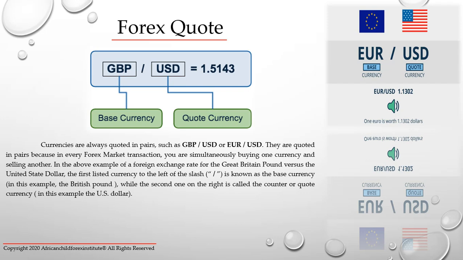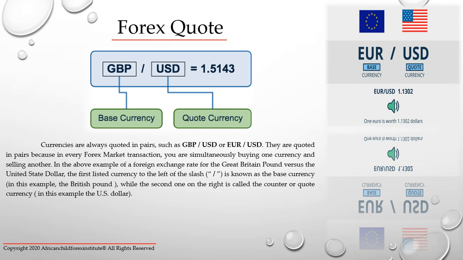That means if you're trading GBP/USD, the moment you click on the buy button, you're saying that the pound will move up, meaning the pound will gain strength while the dollar will lose value. But if you are selling, you're saying that the pound will drop in value while the dollar will move up, or gain value.